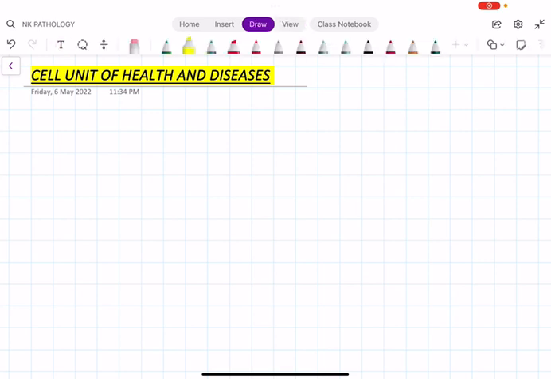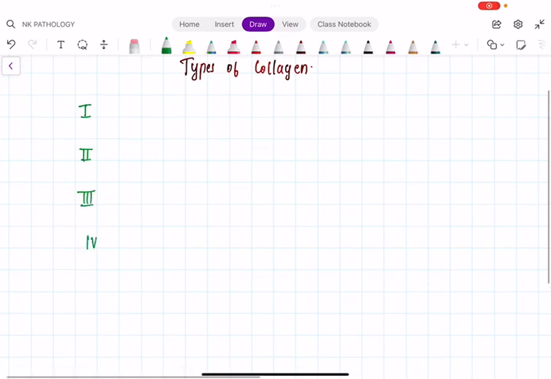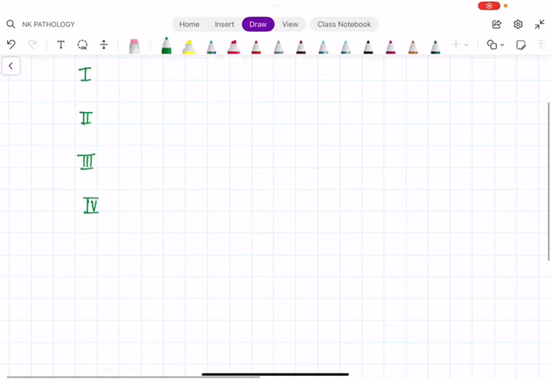First, what I am going to discuss is the different types of collagen. Type 1, type 2, type 3, type 4, type 6, type 7 and type 9 together.